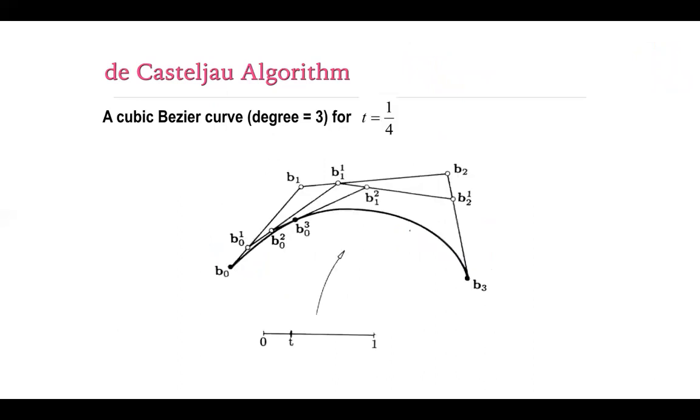Okay, in order to interpret this one, I will use a cubic Bezier curve to make it simpler for you to understand the linear interpolation. Suppose we have 4 points for a cubic Bezier curve of degree 3, order 4, right?